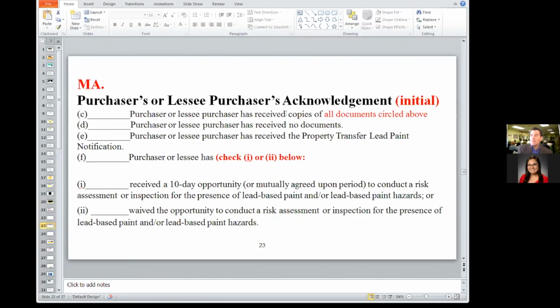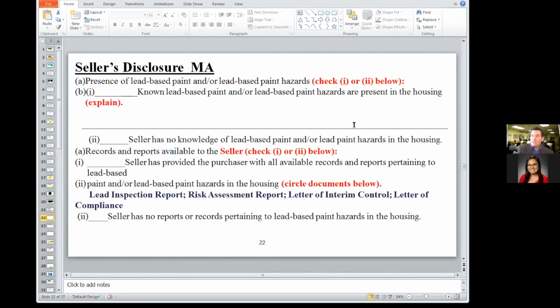D then. The purchaser has received no documents in D. If there are no documents circled above, there's no document. The seller might have knowledge, but they don't have documents. The seller can have no knowledge and no documents, or the seller can have knowledge and also have no documents.